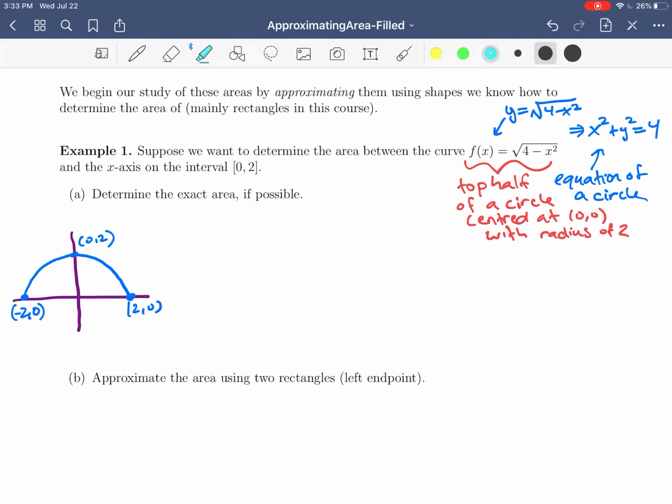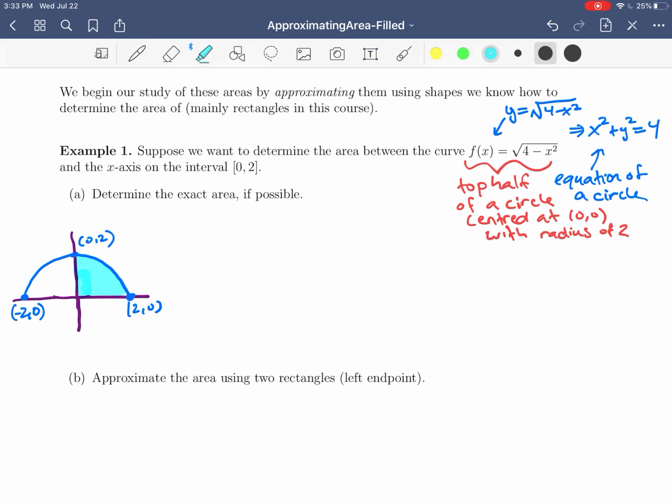So the area that we want is the area underneath and between the top half and the x-axis. So that's the area we're trying to find. Here it's half of a circle. Oh, sorry, I lied. Between 0 and 2, it's actually only the first quadrant area.